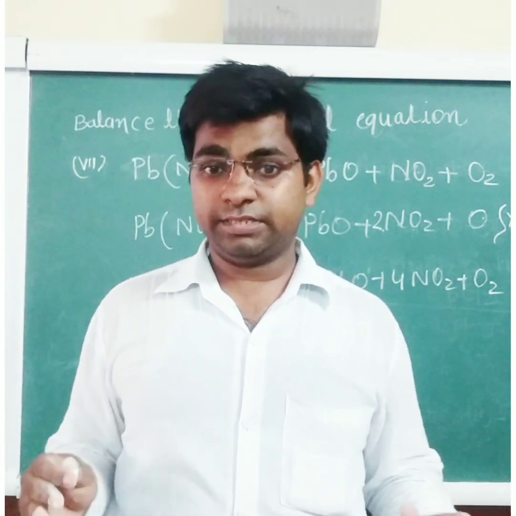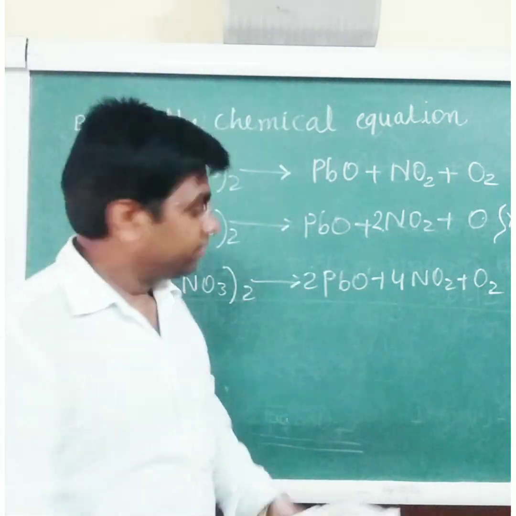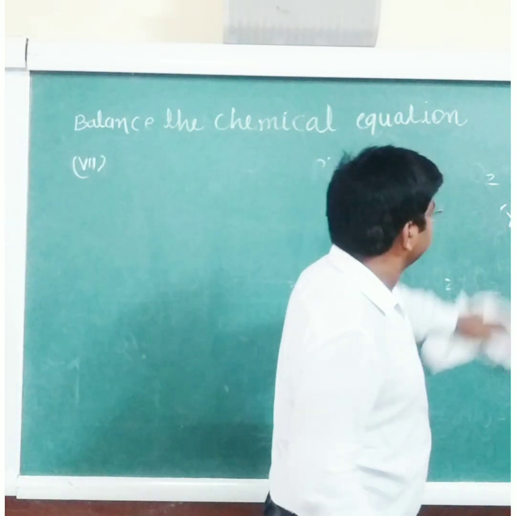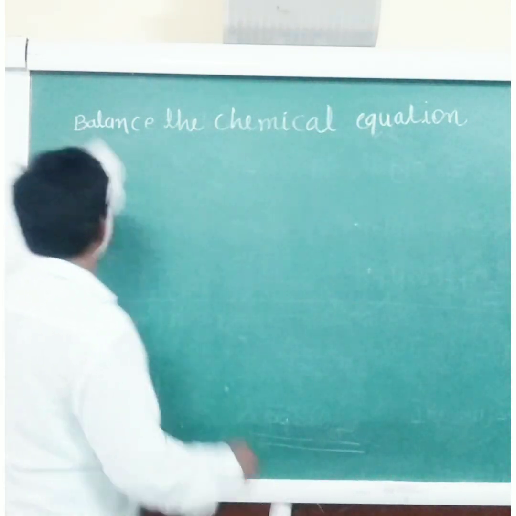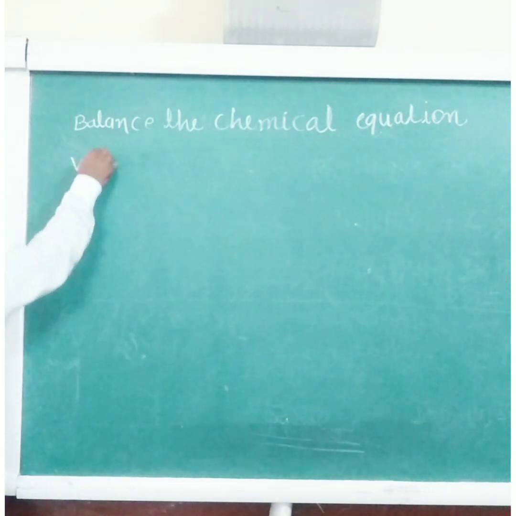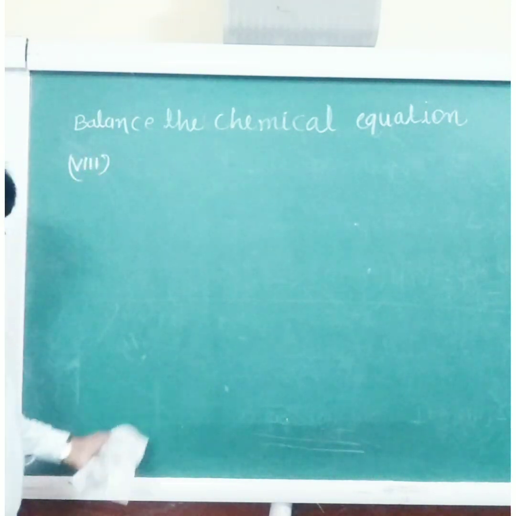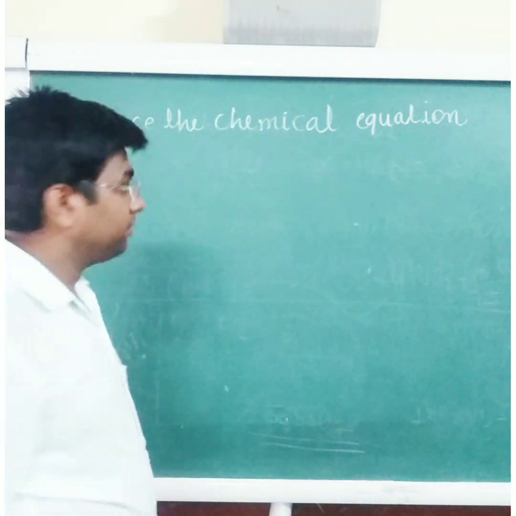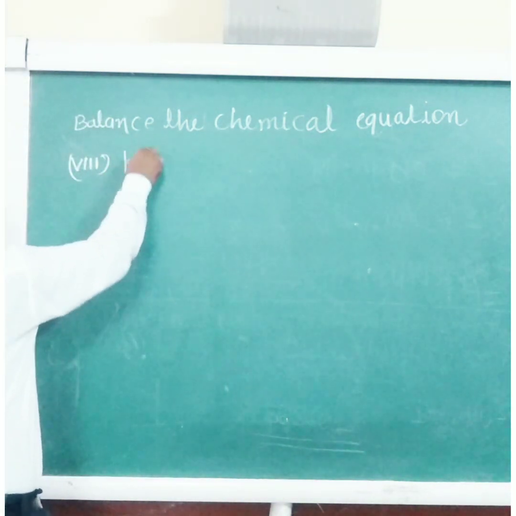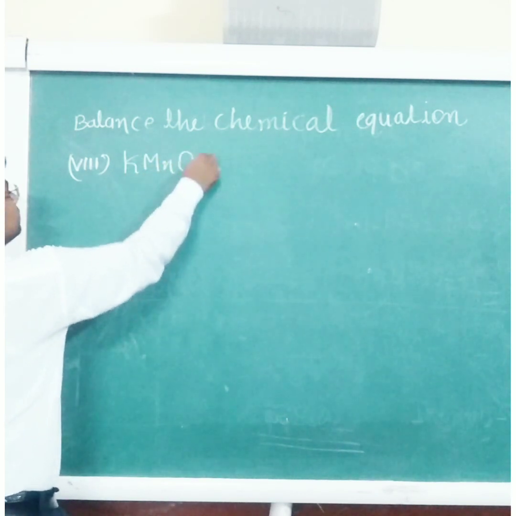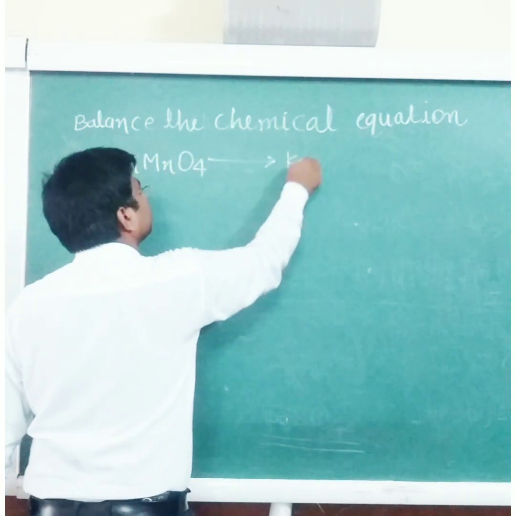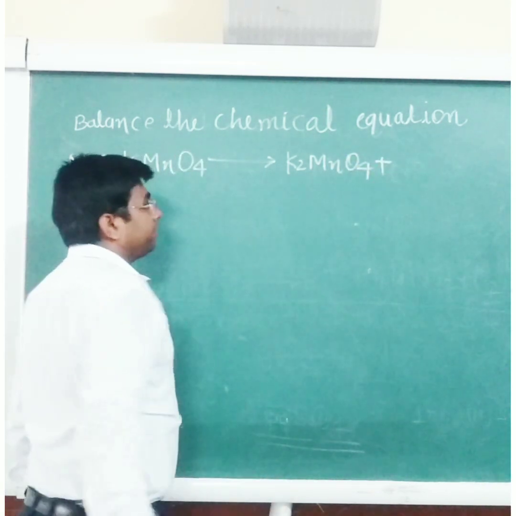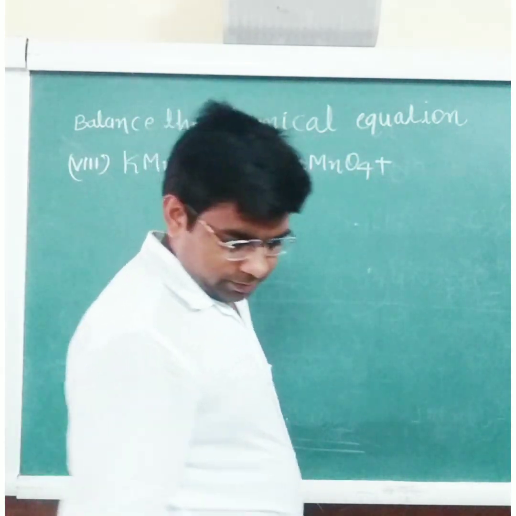So we try to understand very carefully. KMnO4 equal to K2MnO4 plus MnO2 plus O2.